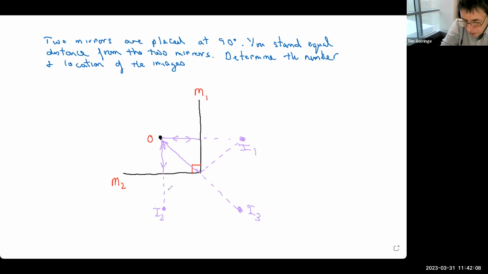A second way that you could imagine constructing this image is by the second reflection being in mirror number 1. In this case, it's the image of I2, I2 being an object that is reflected in the vertical mirror and seen by the observer. I would be drawing a ray coming from I2, striking the bottom corner of the vertical mirror, and undergoing reflection.